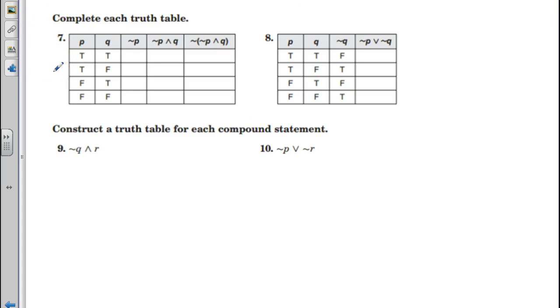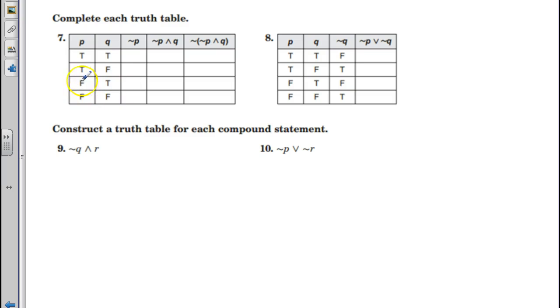Now we're going to complete a table. This is kind of cool because it's like the problems we just did, except without all the words. When you make the truth table on 9 and 10, you'll make a table that looks just like this. You will put down the possibilities for P. True, true, or false, false.